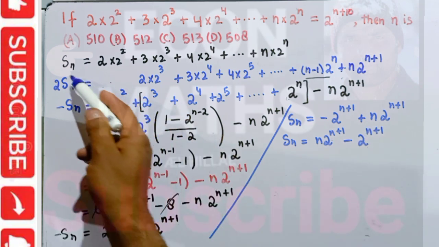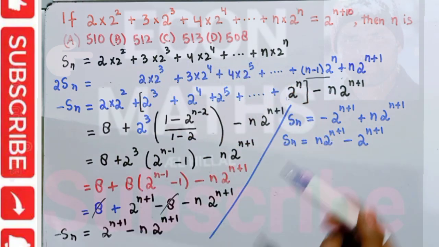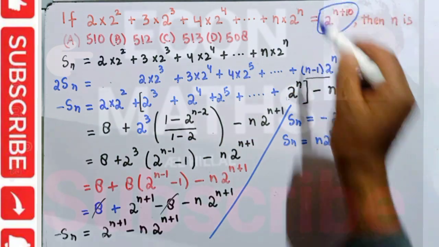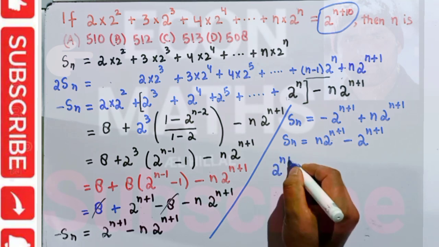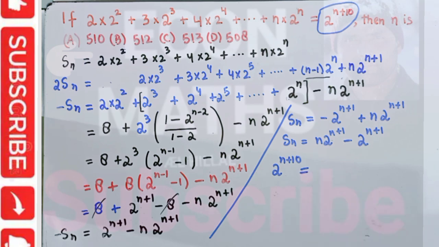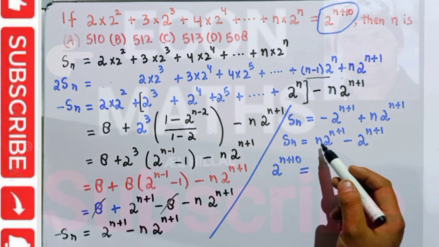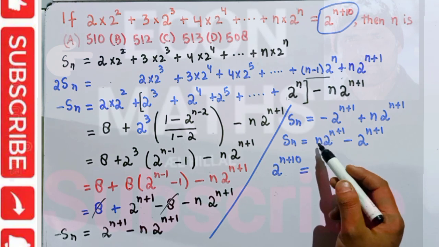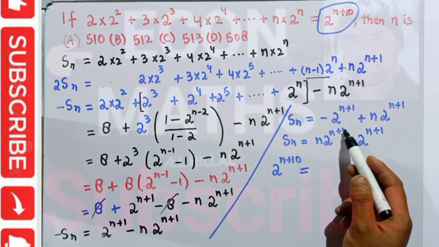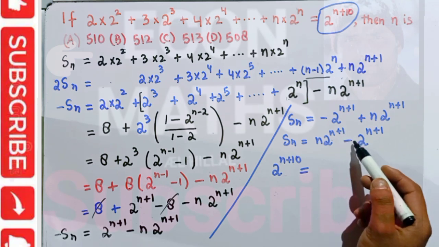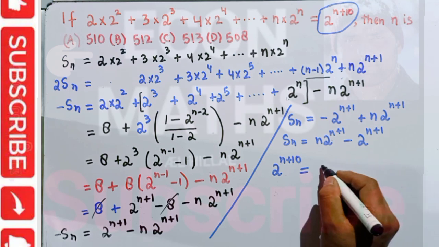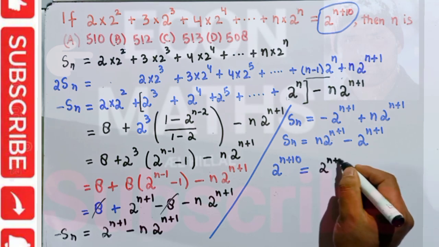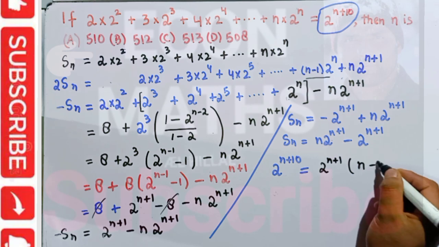Now we know that the value of Sn is this, so in place of this I will write 2 raised power n plus 1 is equal to n into 2 raised power n plus 1 minus this. I can write it in this fashion. If I take 2 raised power n plus 1 common, I will be left with n minus 1 only.